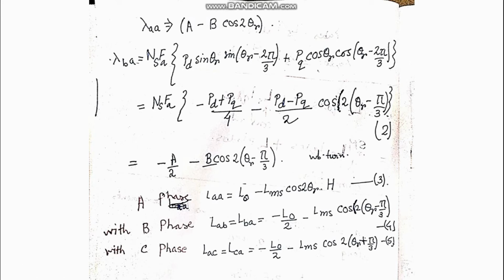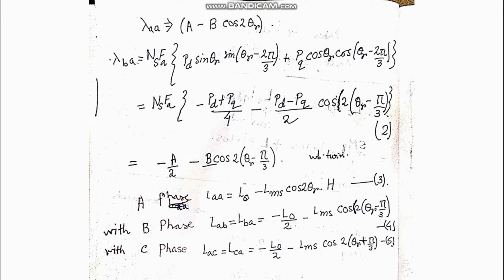Now you may ask another question, why is LAB equal to LBA, because it is not a cylindrical rotor machine, it is a salient pole machine. But remember, this cylindrical and salient pole distinction depends on rotor position, while your windings are symmetrically placed in space, that is, the spatial placement of your windings is symmetrical.